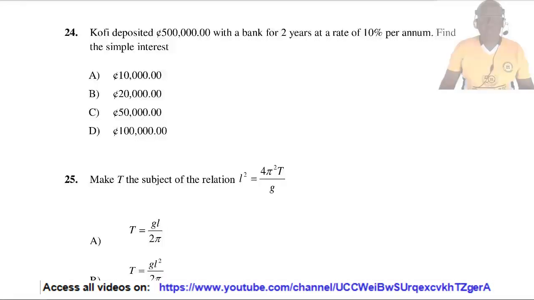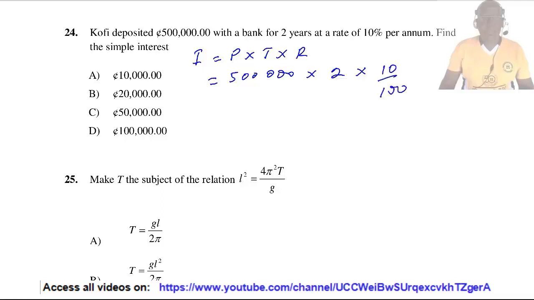Question 24. Kofi deposited 500,000 with a bank for 2 years at a rate of 10% per annum. Find the simple interest. The interest equals the principal times the time times the rate. The principal equals 500,000, the time equals 2 years, and the rate equals 10% or 10 over 100.